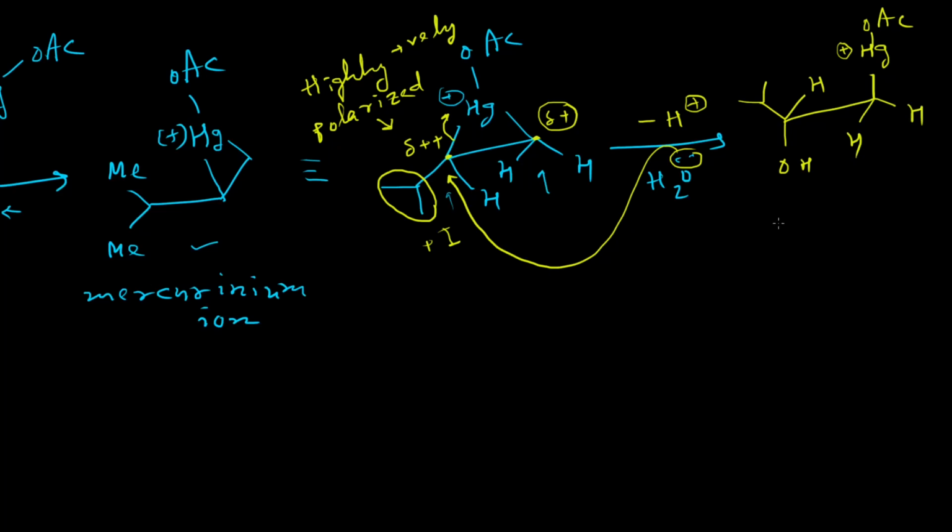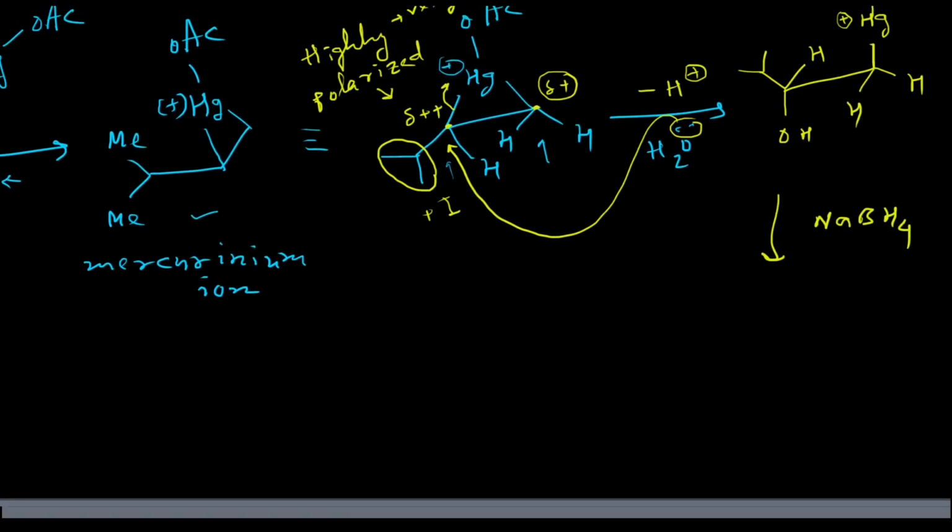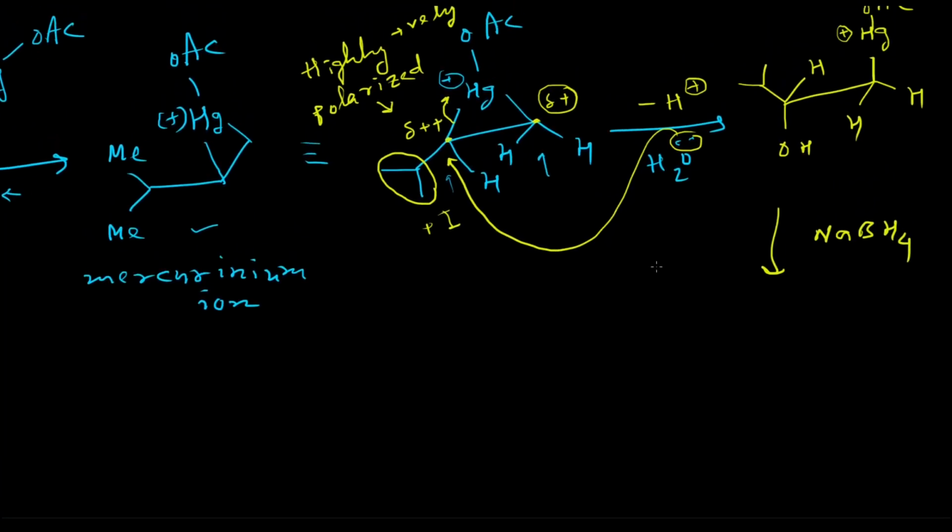Okay, so this is the complete mechanism of the first step, that is the oxymercuration step. And now is the reduction step, which will be done by sodium borohydride. So the mechanism of reduction generally follows a radical pathway. So what is the structure of borohydride?